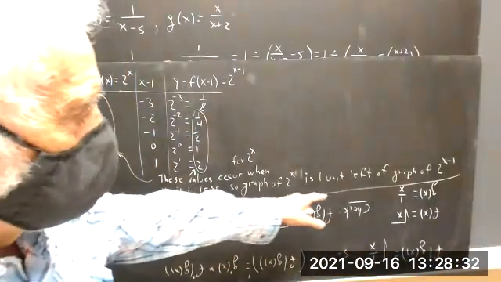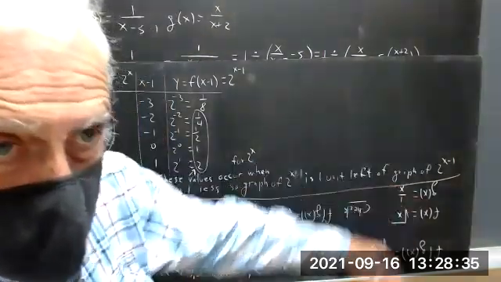So the graph of 2 to the x is 1 unit to the left of the graph of 2 to the x minus 1.